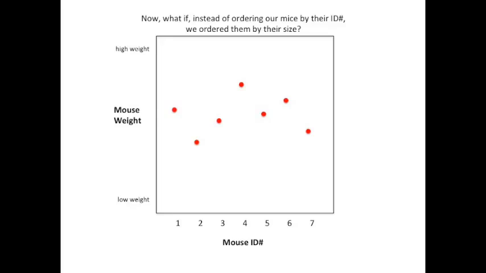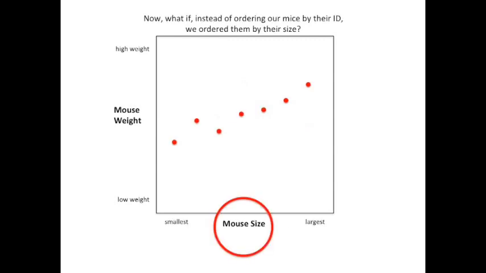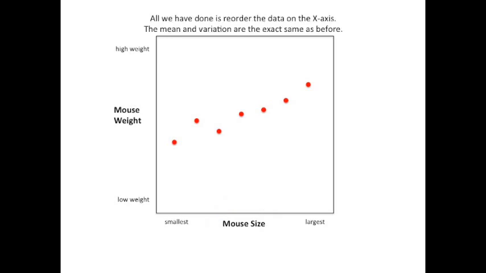Now, what if instead of ordering our mice by their identification number, we ordered them by their size? Instead of using identification number on the x-axis, we have mouse size, with the smallest size on the left side and the largest size on the right side. All we have done is reorder the data on the x-axis.